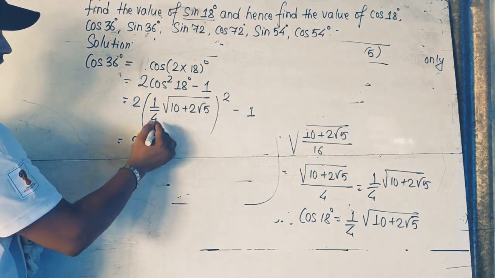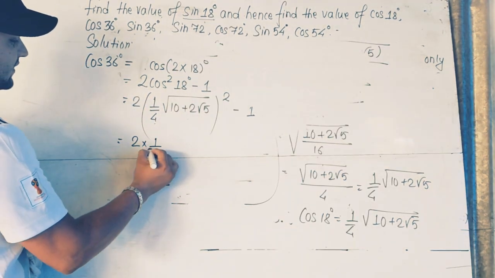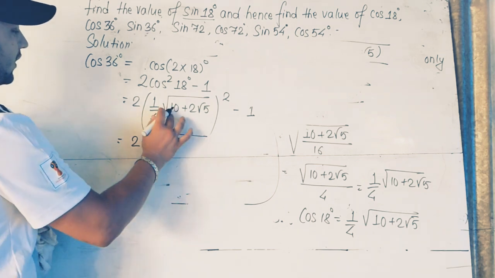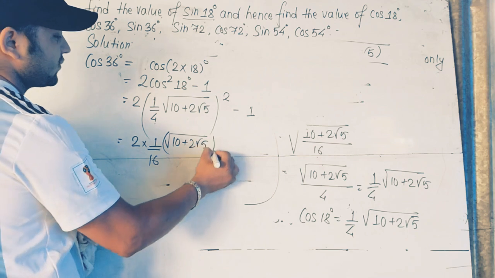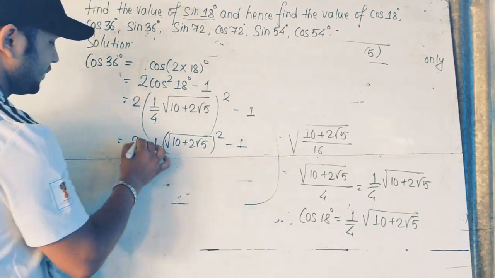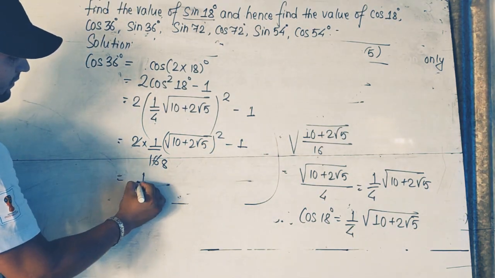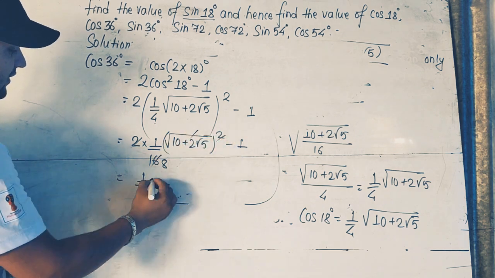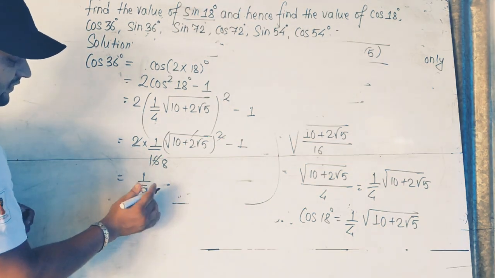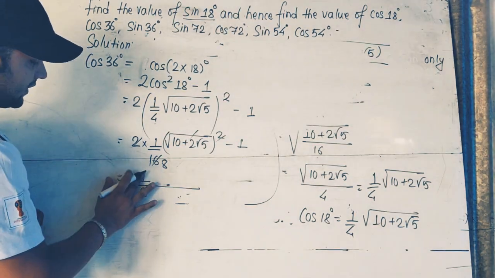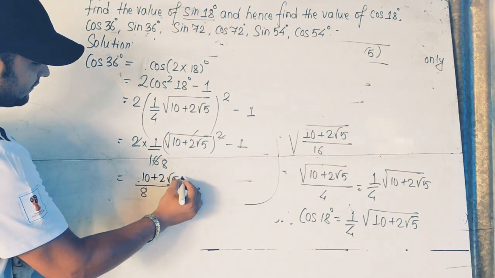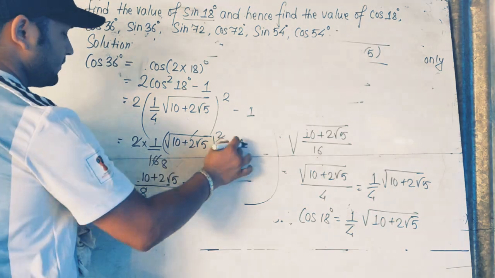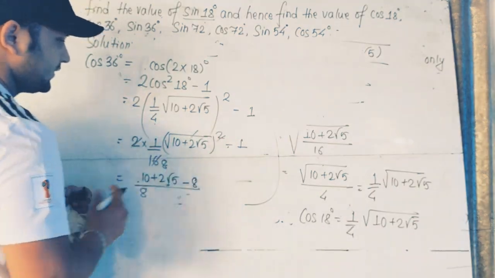So now let's solve it. 1 by 4 square gives you 1 by 16. Root under (10 plus 2 root 5), you have the square for this term separately, minus 1. 2 times 1 is 2, 2 times 8 is 16. You will have here 1 by 8. Now square and square root cancel, and after cancelling that, what you have left in the numerator is 10 plus 2 root under 5 minus, if you take LCM at the same time, 8 times 1 is 8.